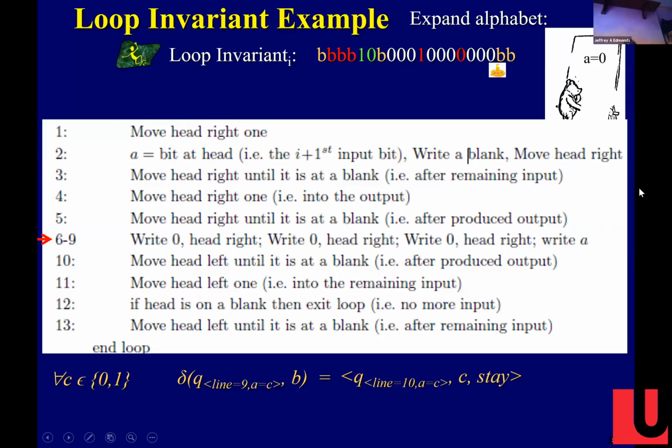But let me tell you one thing I know about this. Do we need the value of A anymore? We wrote the A. No, we don't need A. So I could say deallocate A, right? So I'm going to write the value of A, and then I'm going to forget the value of A. Does that make sense?